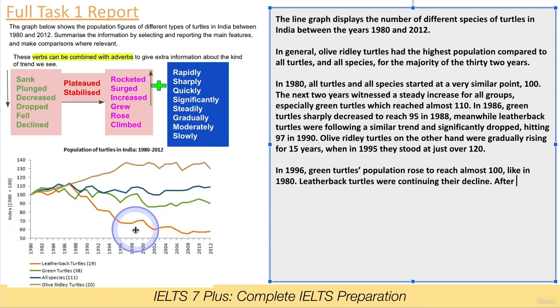About 70. After totaling 70 in 2000, this fell to 60 in 2002.